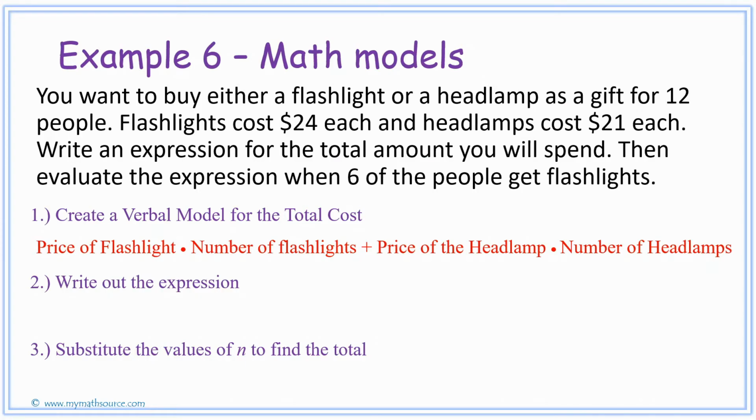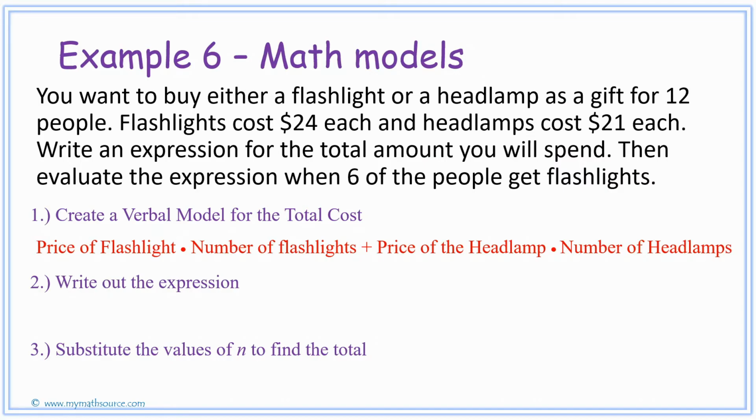So if I get two flashlights, that would be $48, right? 2 times 24. So that means my first part of my model must be price of the flashlight times the number of flashlights. And then I'm going to add that to the price of the headlamp times the number of headlamps.